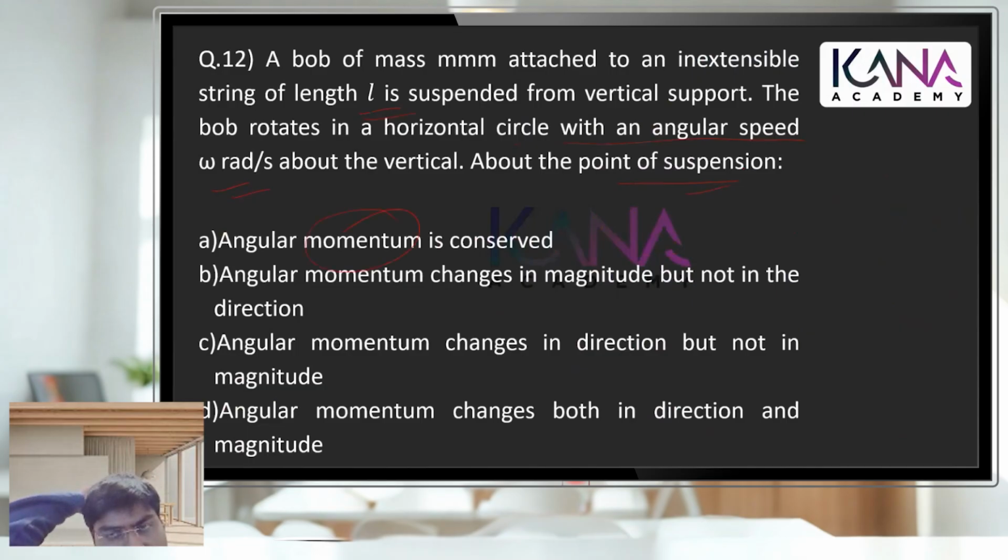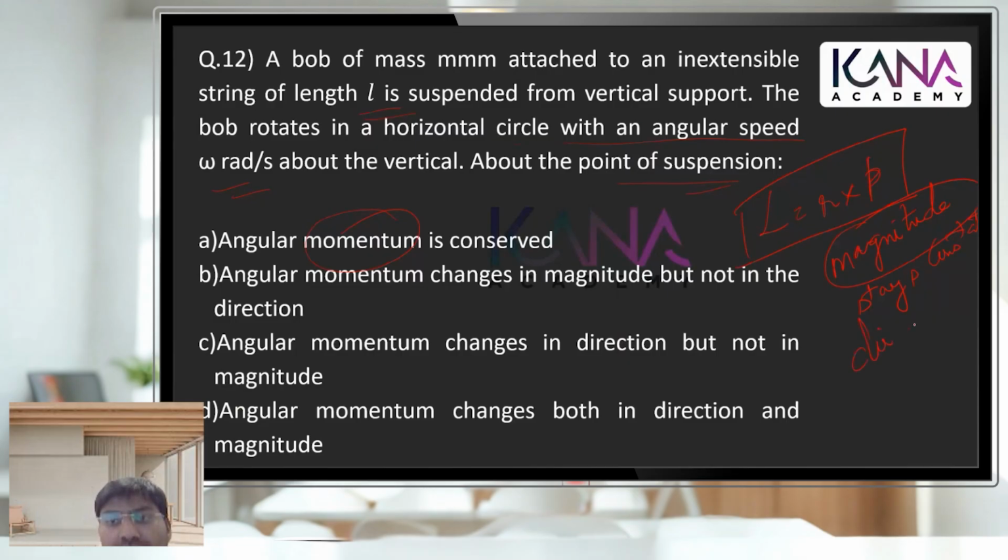There are some statements we need to evaluate. Here, angular momentum is R times P, the radius times the linear momentum. So the magnitude stays constant, but the direction changes.